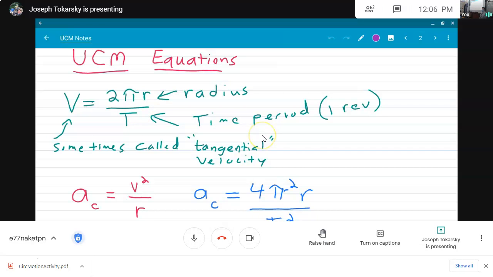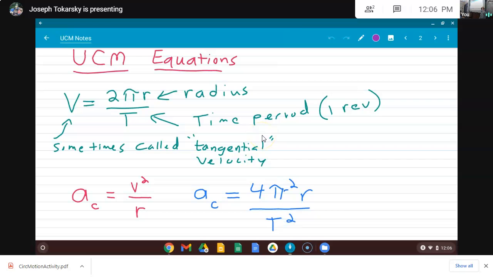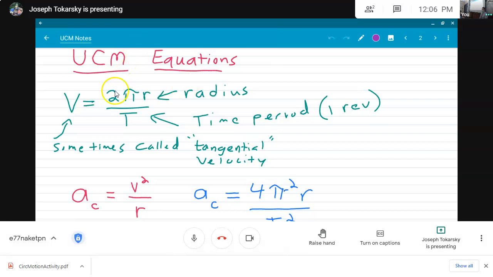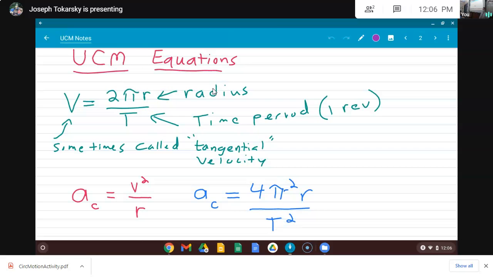All right? So if you simply know the radius or the diameter, because obviously the diameter is twice the radius, that's where the 2r comes in here, and how long it takes to go around one time, if you just divide them, you essentially have that speed that you're uniformly traveling around the circle with in these circumstances.